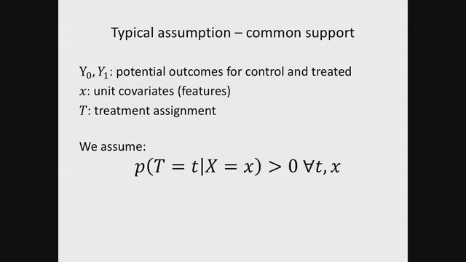So what is common support? Well, what common support says is that there always must be some stochasticity in the treatment decisions. For example, if in your data, patients only receive treatment A and no patient received treatment B, then you would never be able to figure out the counterfactual of what would have happened if patients received treatment B, right?